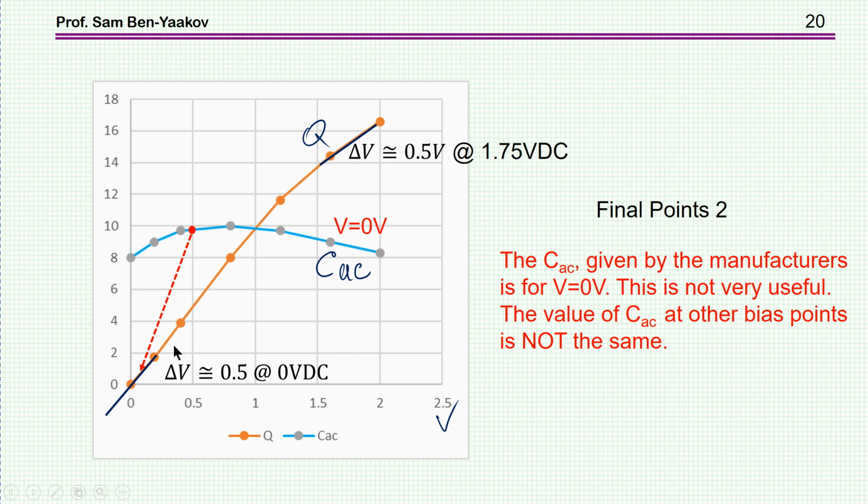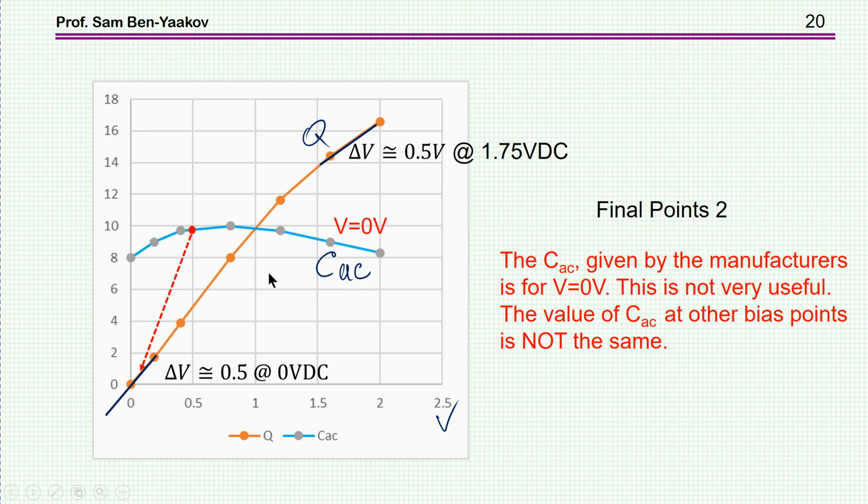What you'd like to have is the large signal capacitance as a function of voltage, that is for different DC voltages. For example, here, we'd like to see this large signal capacitance at 1.75 volt, which is around this value. Obviously, the large signal capacitance at this point is different from the large signal capacitance at this point. This one is pretty high, and this is much lower capacitance.